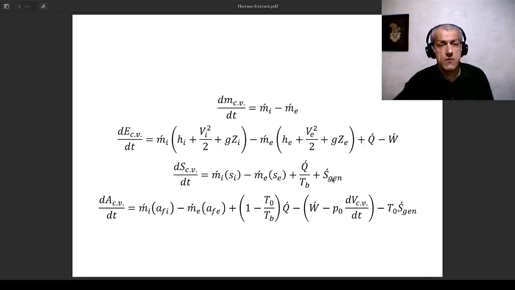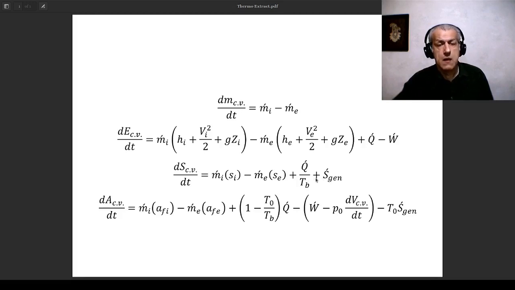For example, for a turbine, we know how to calculate turbine efficiency, and we shall do such practice shortly when we are doing the reheat Rankine cycle.